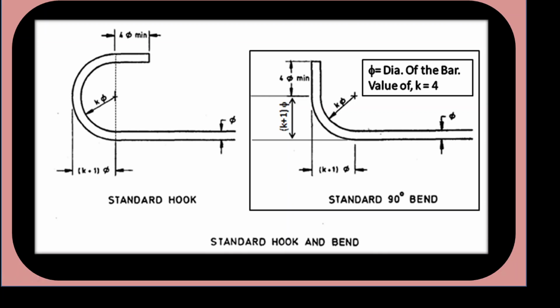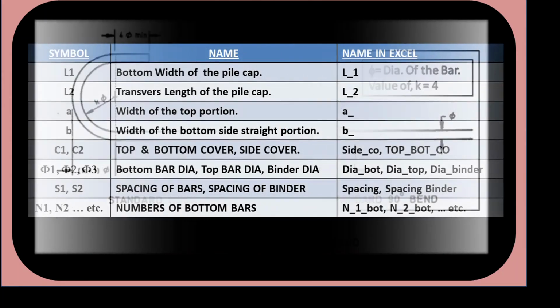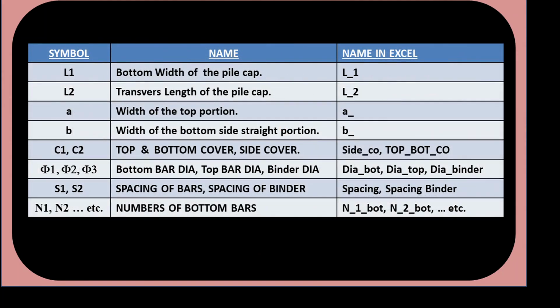So for straight length, we have to deduct K plus 1 phi from both sides, that is 2 into K plus 1 into phi. In this chart, I have written all those symbols I have used in PPT and their names, and the symbols I have used in Excel.